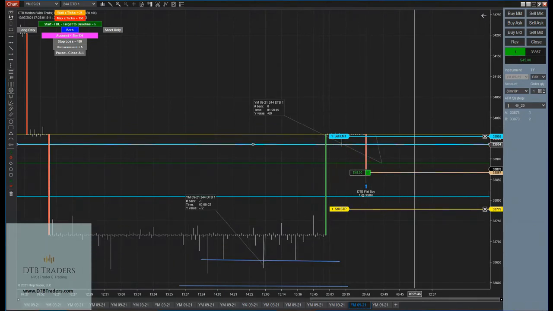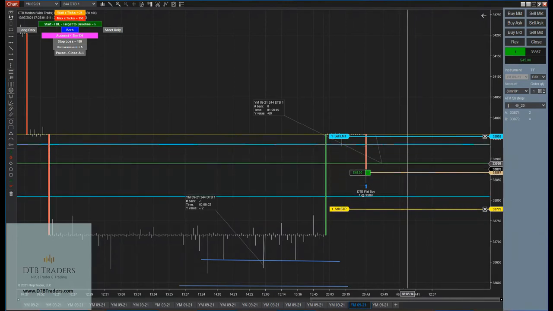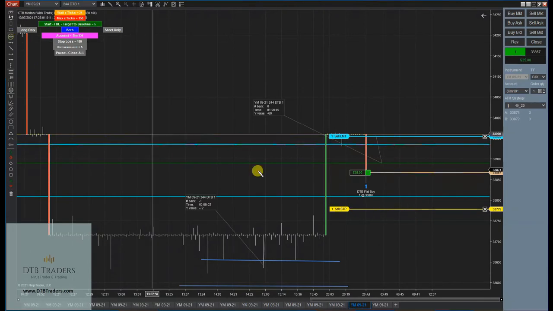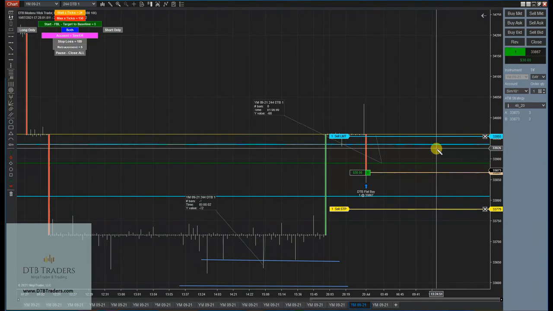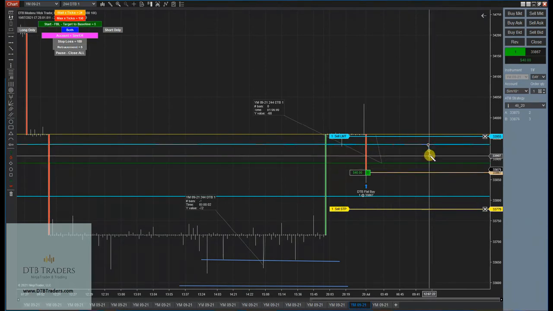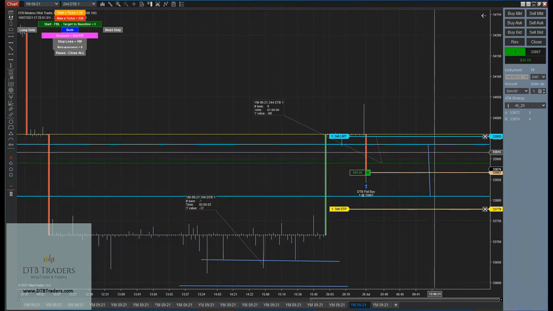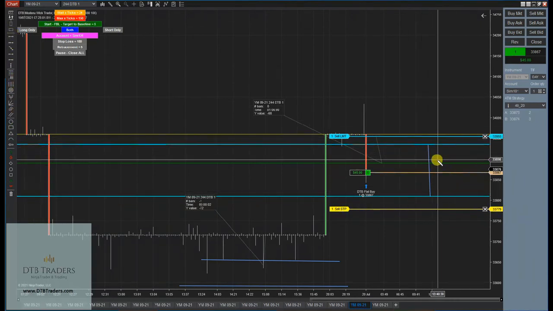Now if you look at these little cyan markers there, the cyan markers are the area where trades are going to enter. So you're only going to have trades entering in this range between that cyan marker and this cyan marker. That's the only area where trades will be entering with this strategy.